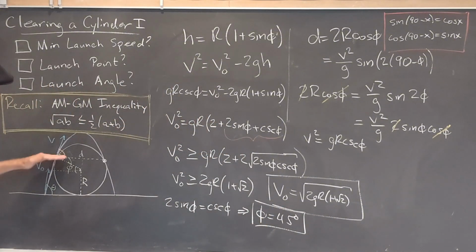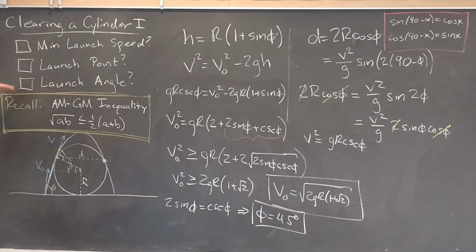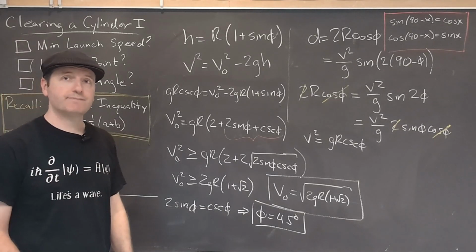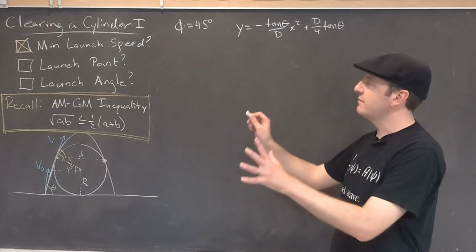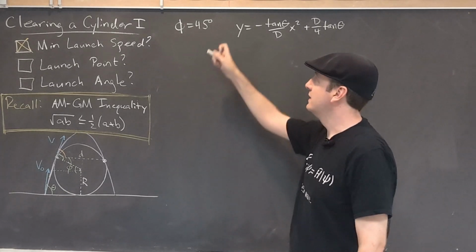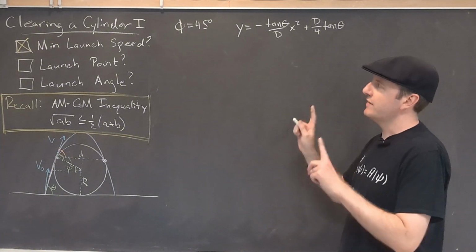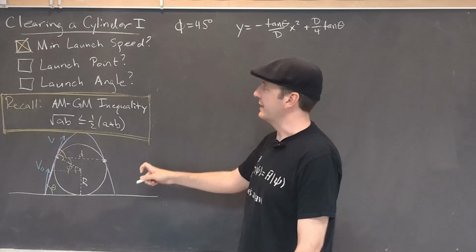So now that we know this connecting angle where everything is tangent, and I know this minimum speed, we can figure out the rest of these fairly straightforwardly. Okay, so we found our minimum launch speed, and we also found that at this point of tangency in this problem, phi is 45 degrees. Now I want to figure out where is the launch point.